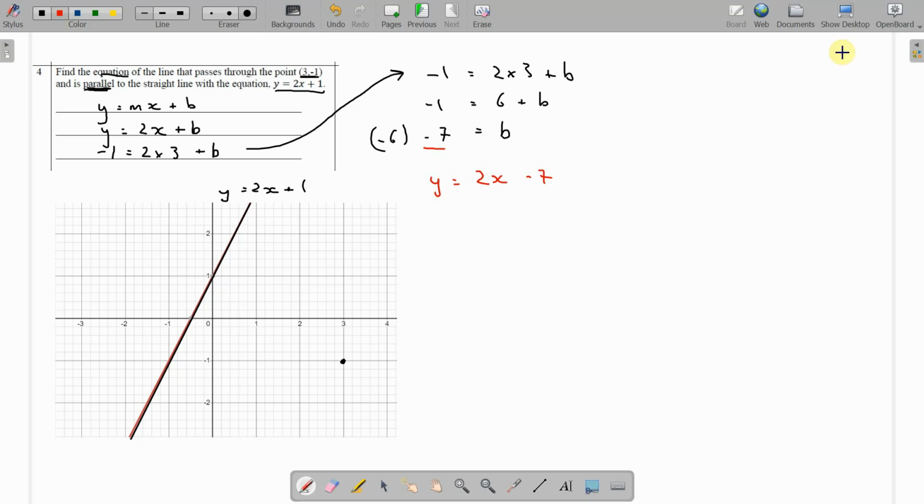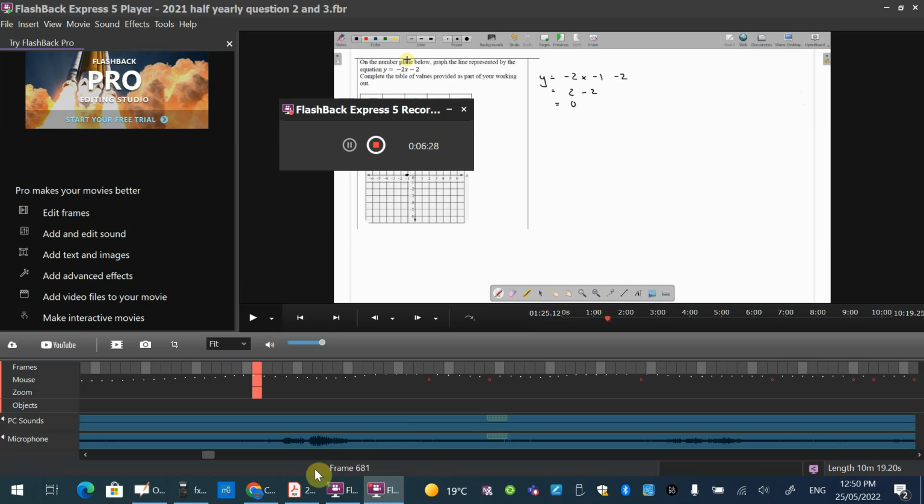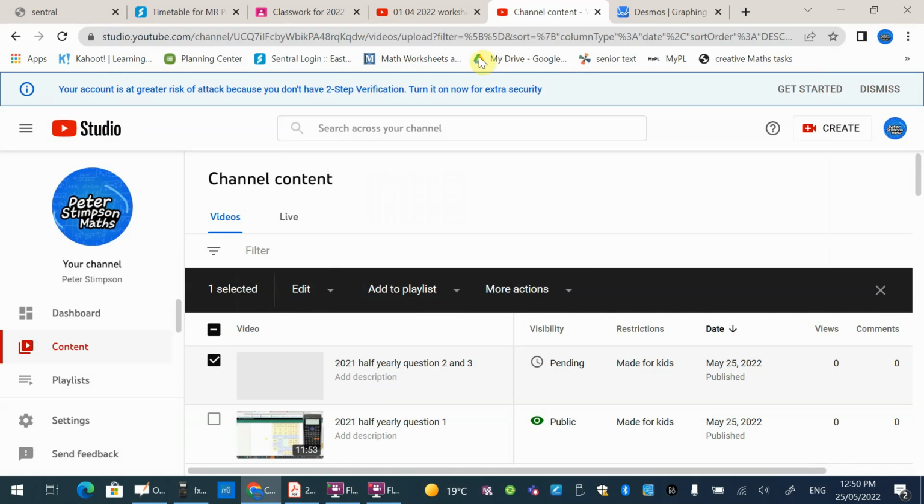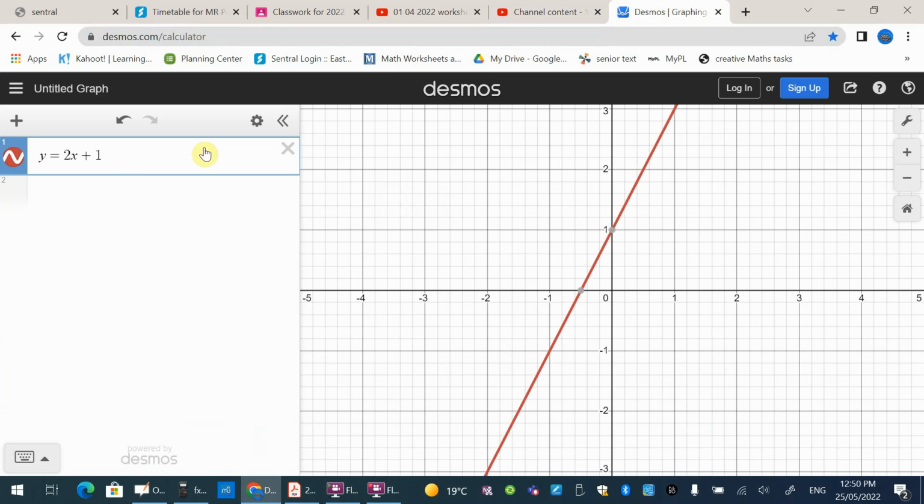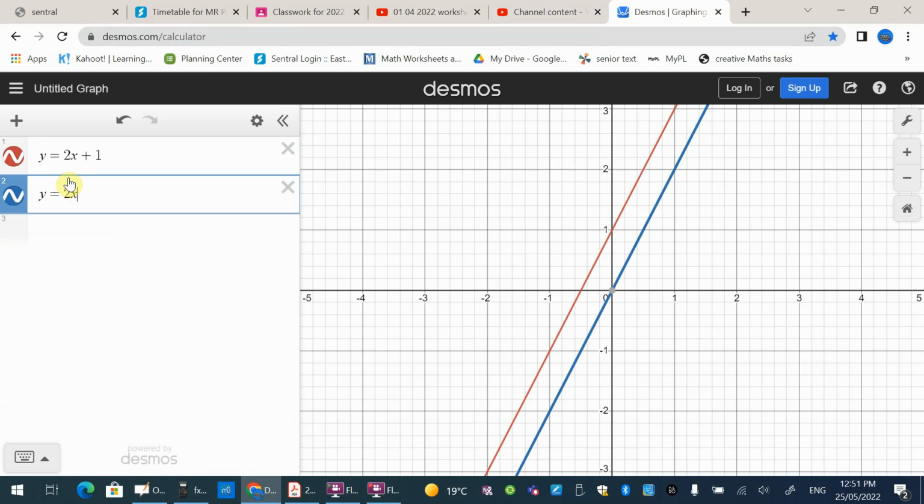And so just to see if I can get to there and do this, y equals 2x minus 7, and moved around a little bit.